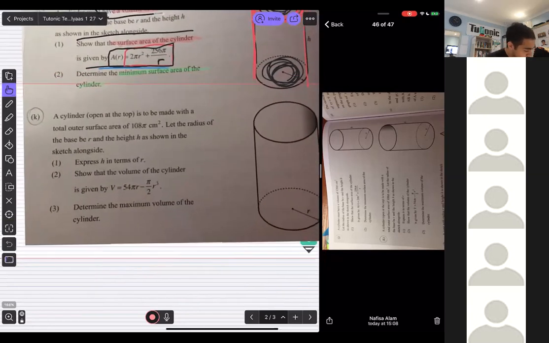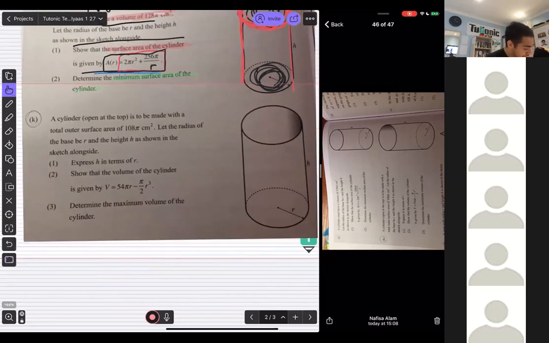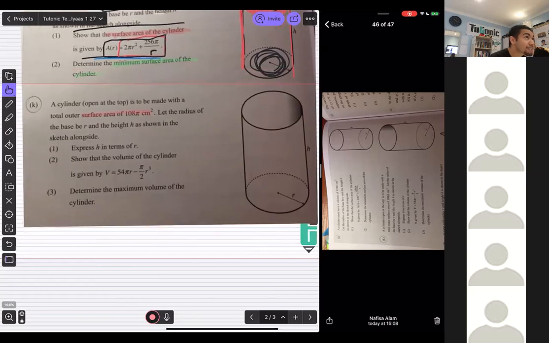A cylinder is to be made with a total surface area of 108 pi. So now they give you the surface area, right? So what did I tell you at the beginning when they give you surface area? They gave you the English, so you must think to yourself, what is the formula of the surface area.